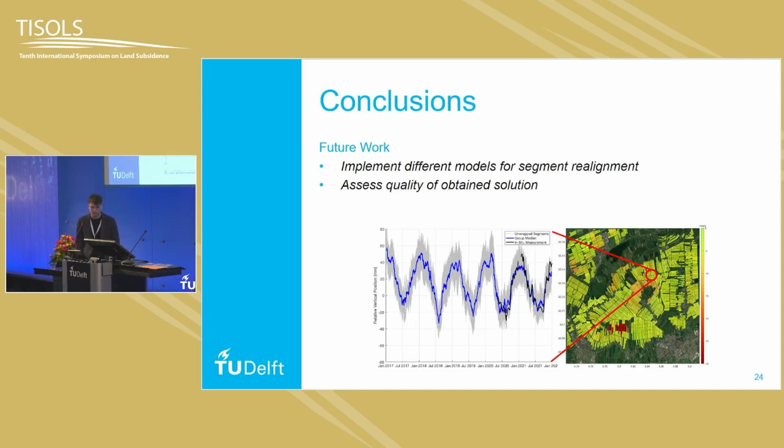My question is actually, what percentage of the agricultural fields in the Netherlands do you expect can be monitored this way? Well, I guess ideally all of them, right? Right now I've restricted myself to grasslands because once you have, for instance, maize, you have different processes going on like harvesting and plowing.